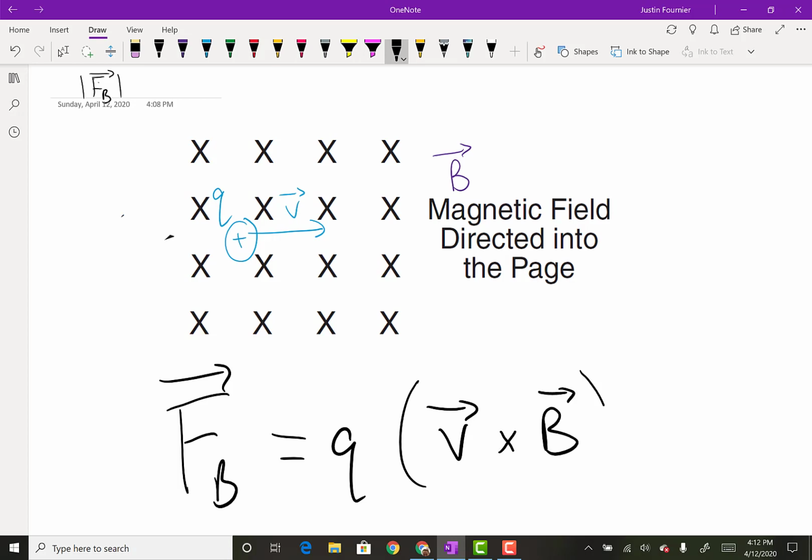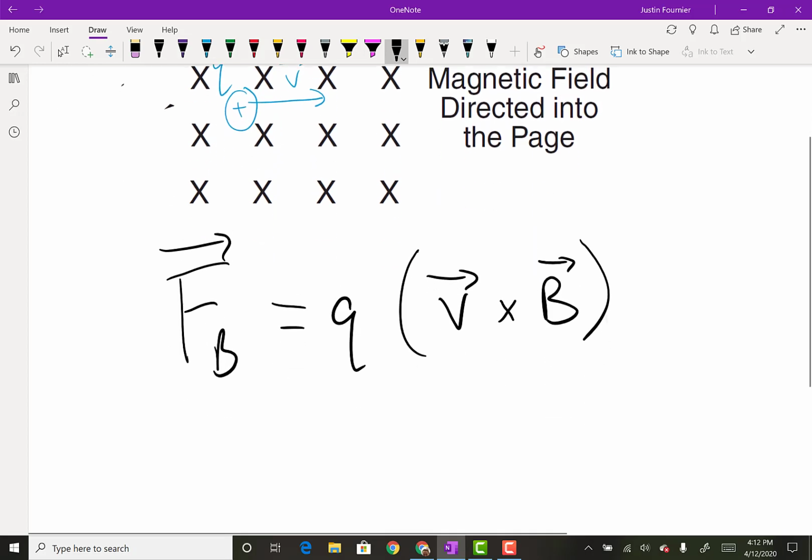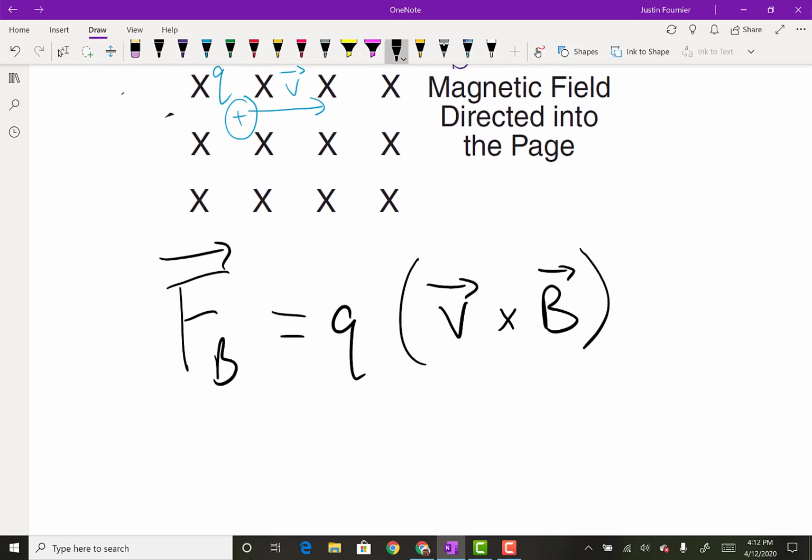So that's a cross product of the velocity and the magnetic field vector, which you guys know. If I wanted to take just the magnitude, we've done this with torque before and other quantities.